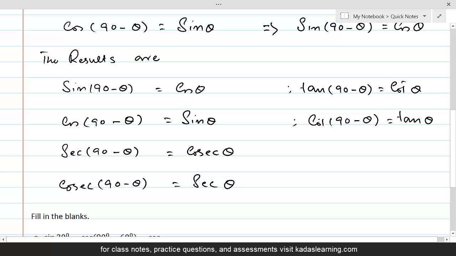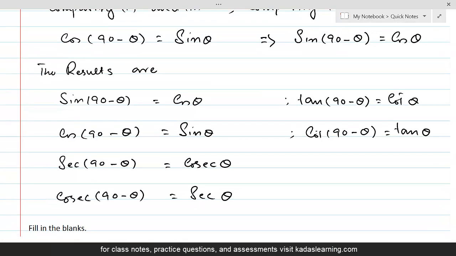It is very important, from the same triangle you can see how sine is related to cosecant, how cos is related to secant, and how tan is related to cotangent.